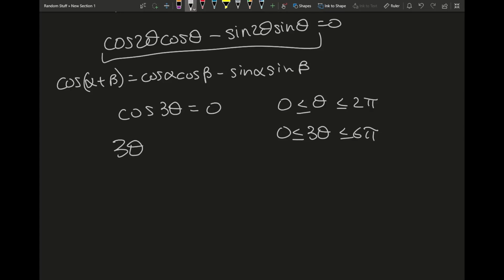Well, 3 theta is going to equal pi over 2, 3 pi over 2, then you can just keep adding 2 pi: 5 pi over 2, 7 pi over 2, up until 12.